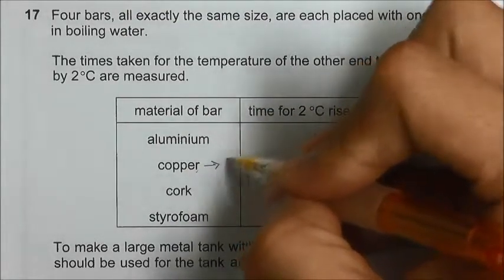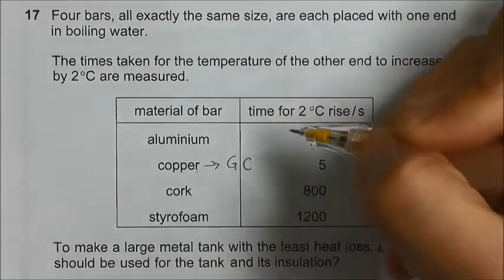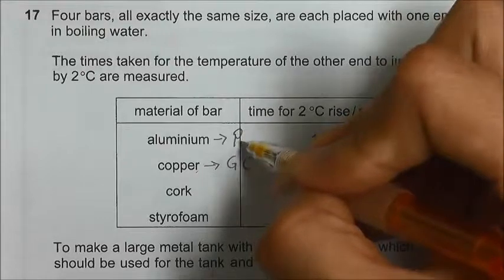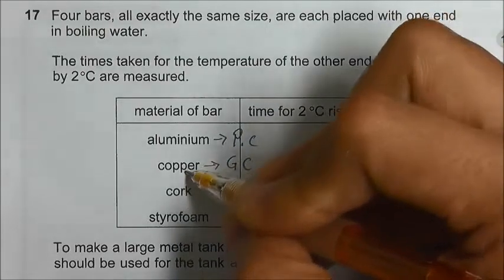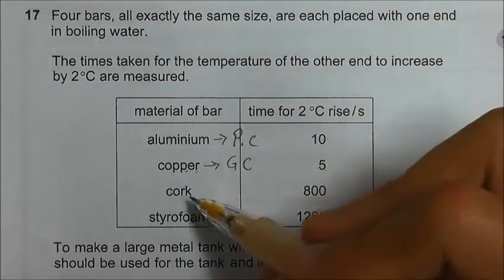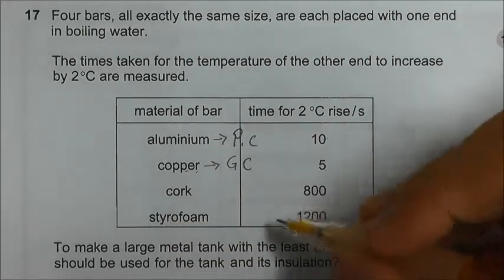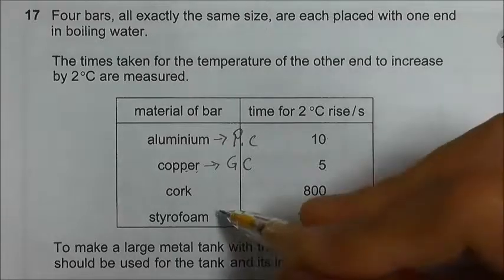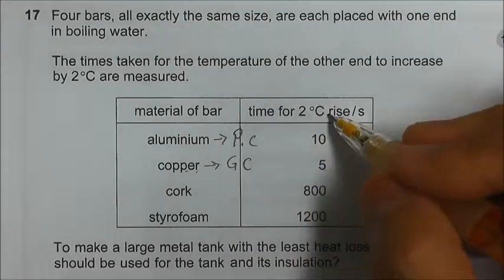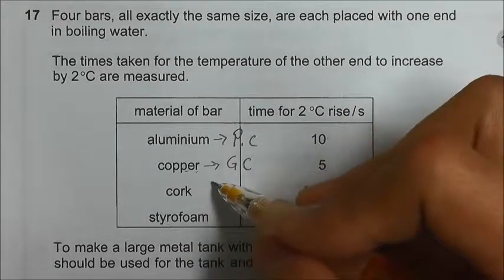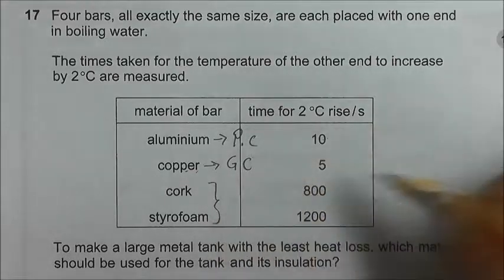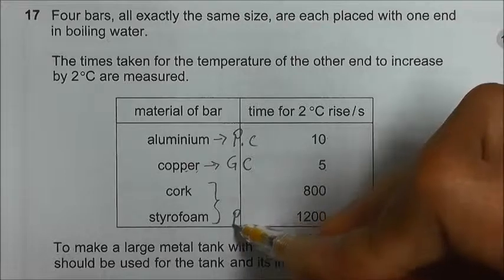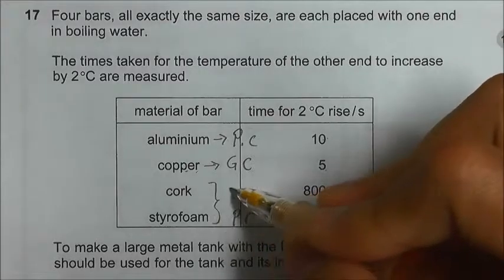So the copper is a good conductor of heat, and the aluminium is a poorer conductor of heat compared to copper.